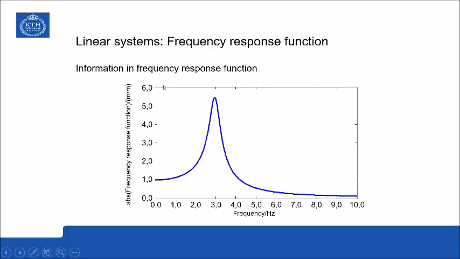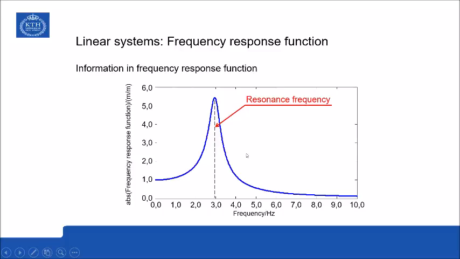On previous slides we have investigated the special case when the excitation is at 3 Hertz. If we plot the magnitude, that is the absolute value of the frequency response function, as a function of frequency, then we can see that we have a single peak here. And that is, of course, the resonance frequency.